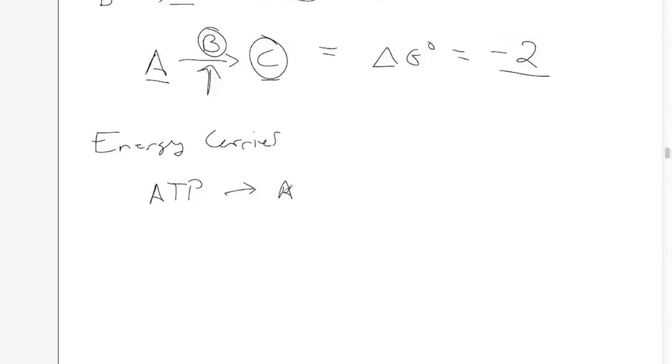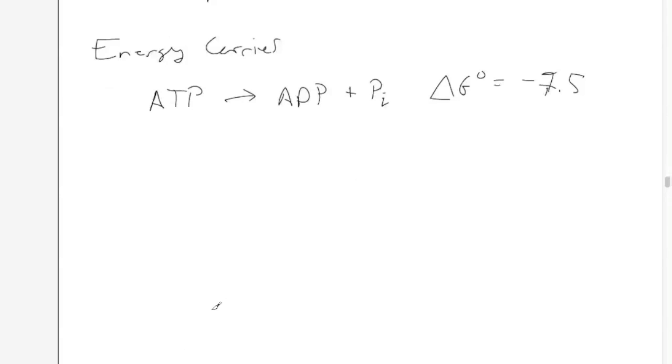ATP can be converted to ADP and inorganic phosphate, so Pi. And this has a delta G naught of roughly minus 7.5. I forget the exact value, but for this it's okay.